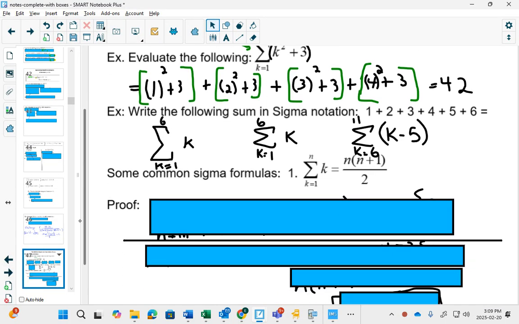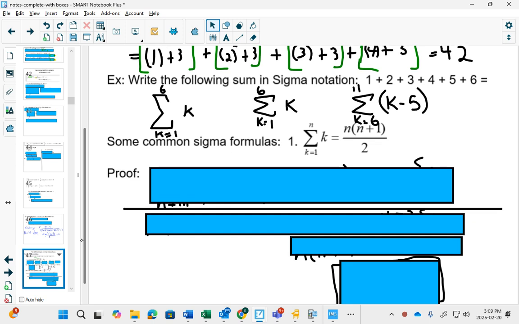And then there are some fun formulas. Do you remember adding these up with arithmetic sequences in grade 11? Where you add, if you wrote this backwards, you have n plus 1, n times.